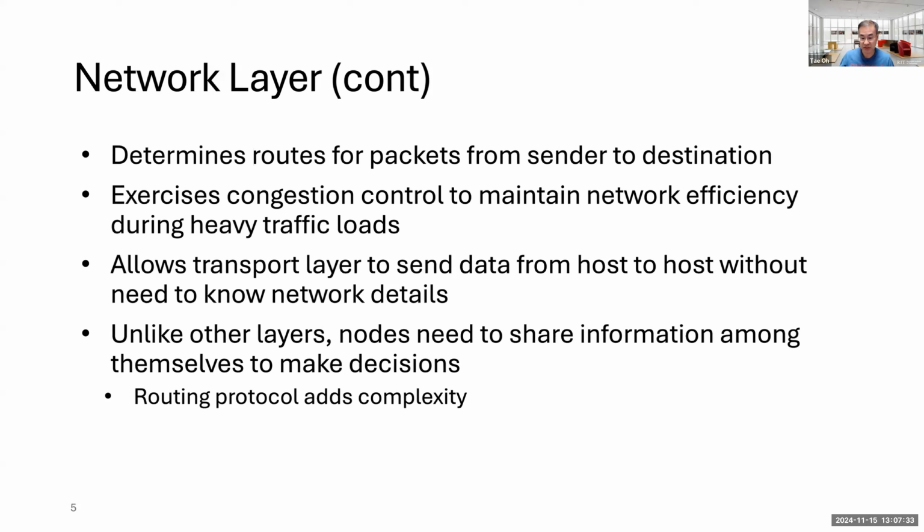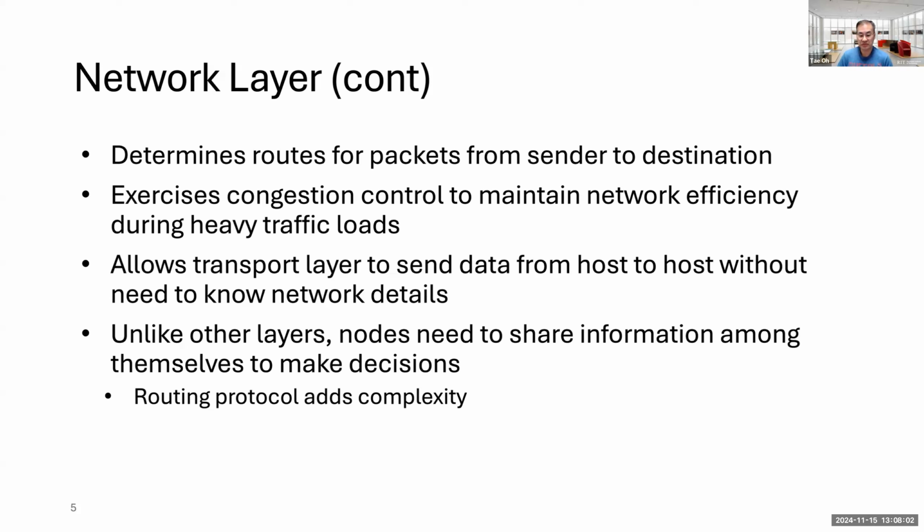Typically the shortest path algorithm is used beginning to end. Whatever the path is needed for, a vehicle, a drone, or networking, it's beginning to end. It exercises congestion control to maintain network efficiency and allows the transport layer to send data from host to host.